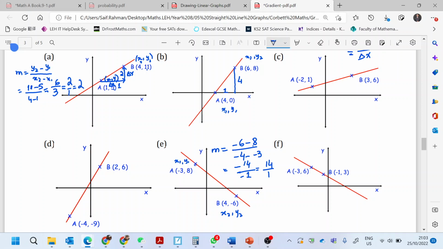The line is negative, so it should have given us a negative gradient. x2 is plus 4, minus minus 3, which is plus. So this should give us minus 14 over 4 plus 3, which is 7. Let me write it again.